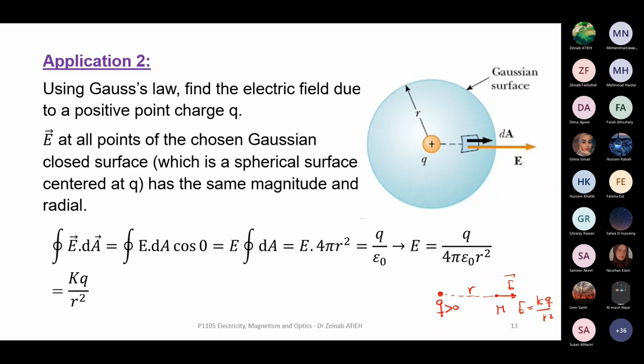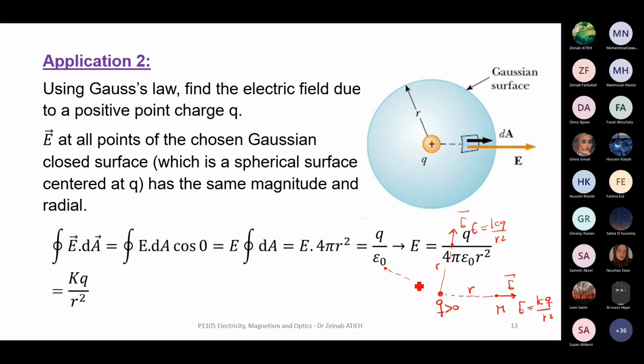The point charge has spherical symmetry. What does that mean? All the points that are equidistant from Q, at the same distance, have the same E. If I have a point here at the same distance, it has the same E as a value. It has a radial direction, but its value is also KQ over R square.